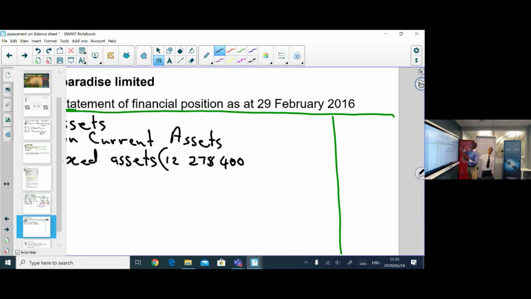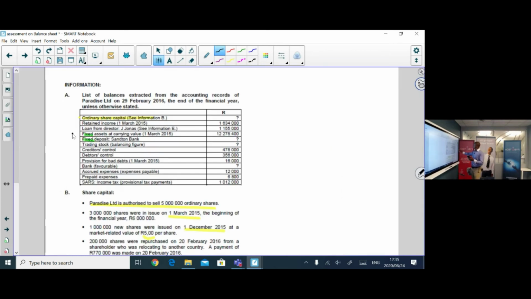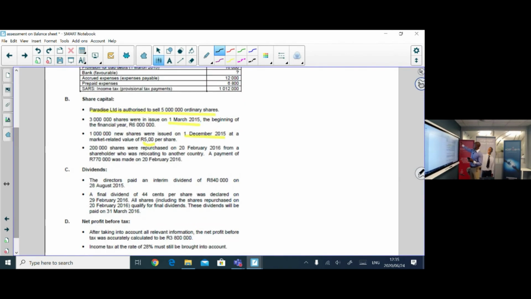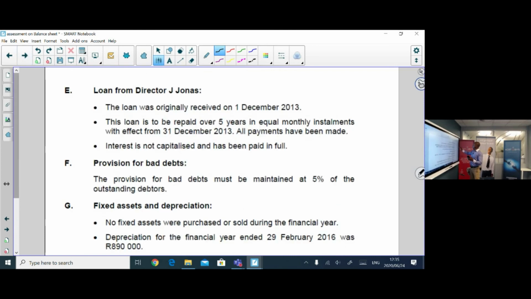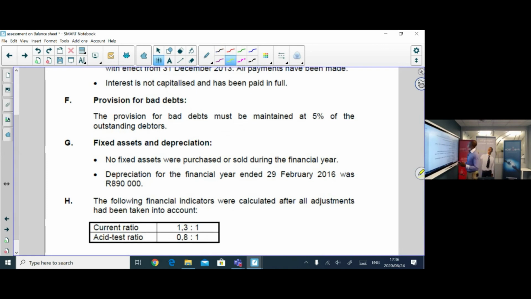Let's check what they say about the fixed assets. Let's check the next slide. Here we go. Fixed assets depreciation: no fixed assets were purchased or sold during the financial year.